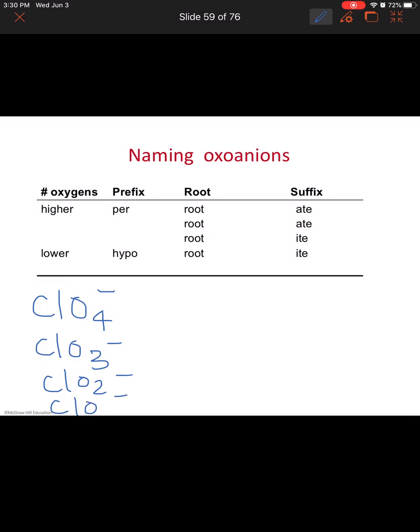The top one has the highest number of oxygens, so we put the prefix per, then the root chlor, and the suffix ate.